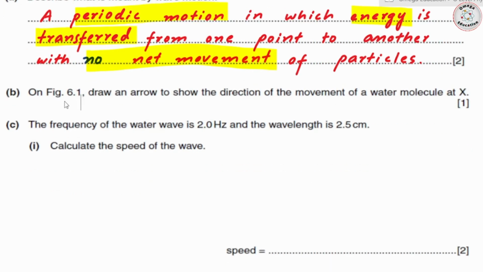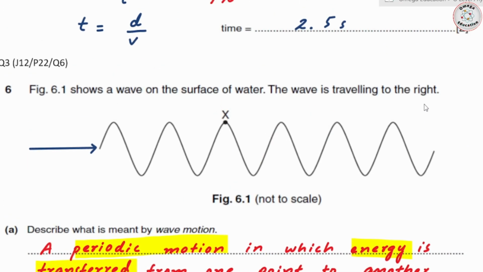On figure 6.1, draw an arrow to show the direction of movement of the water molecule at X. I explained this one in my previous lesson as well. In order to explain the motion of this particle, first of all, you have to be sure that this particle is either going to move up or down.